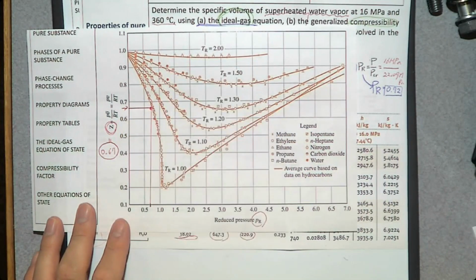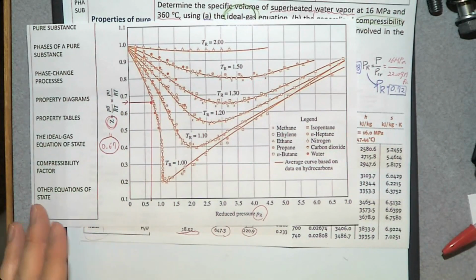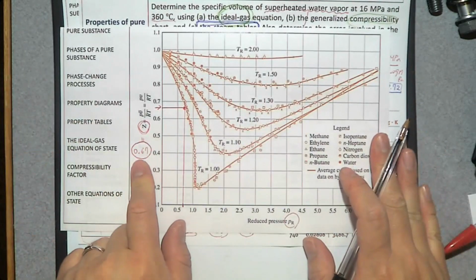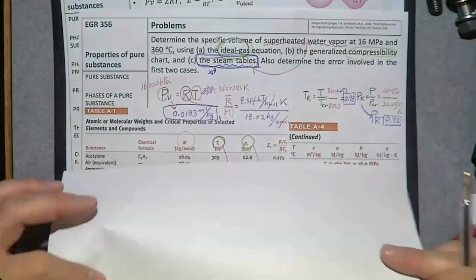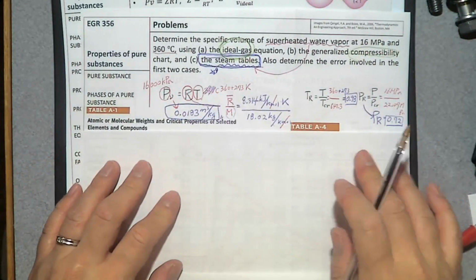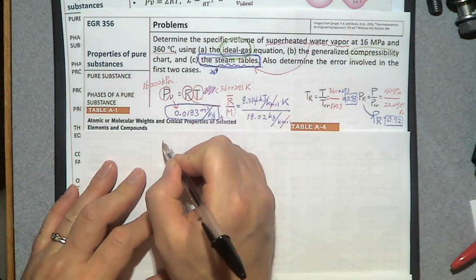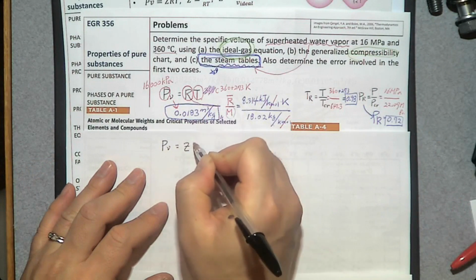So now let's use the modified ideal gas equation to determine the specific volume of water with a Z value of 0.67. So what is the modified ideal gas equation? PV is ZRT.